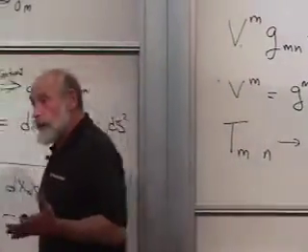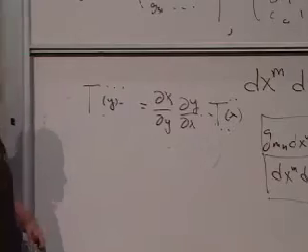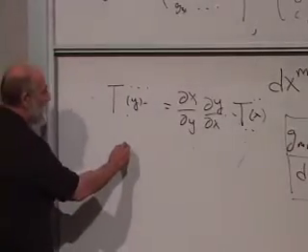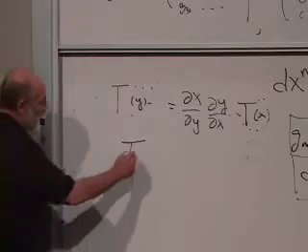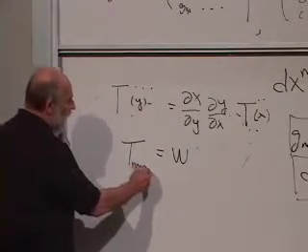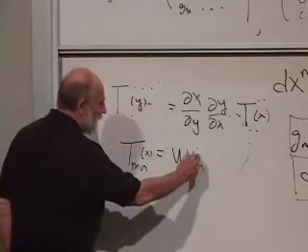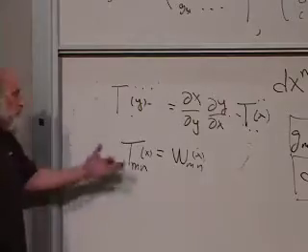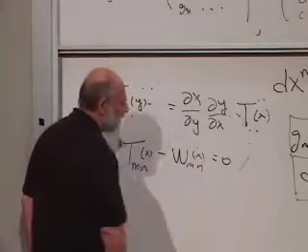All right. Another way to say the same thing, perhaps it's saying something a little different, but almost the same thing, is that if two tensors are equal in one coordinate system, let's say T_mn equals W_mn in the x coordinates, that also says, of course, that the difference between them is equal to 0.